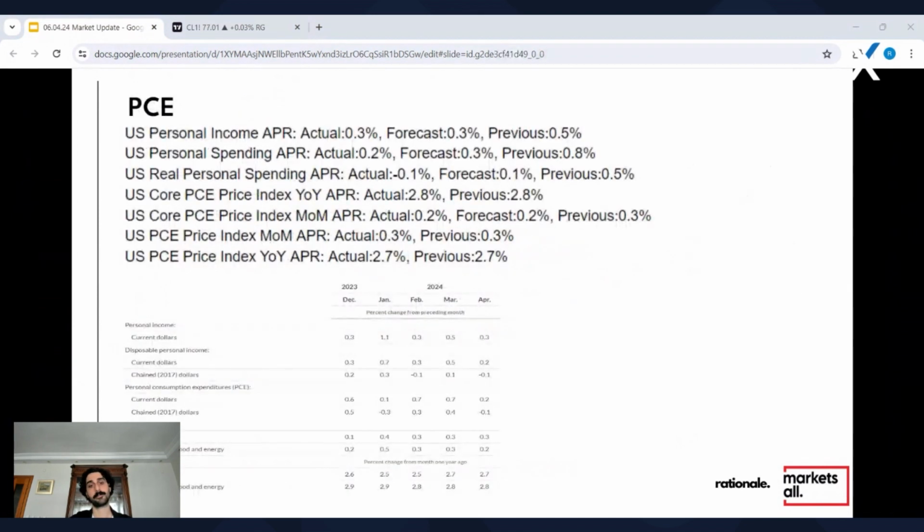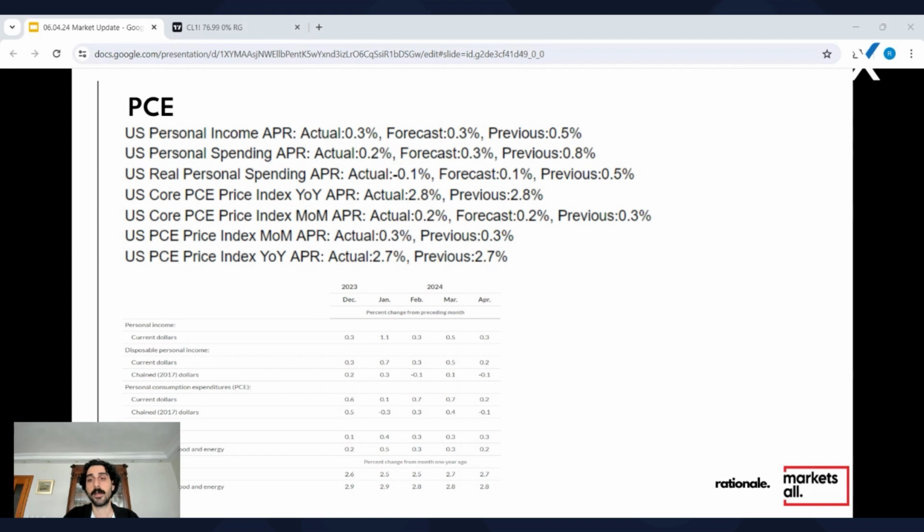The PCE data. This data is closely monitored by the Fed for its inflation targets compared to CPI data. The number came in line with market expectations per Bloomberg forecasts. Personal spending especially showed weaker monthly numbers, 0.2% compared to February and March.